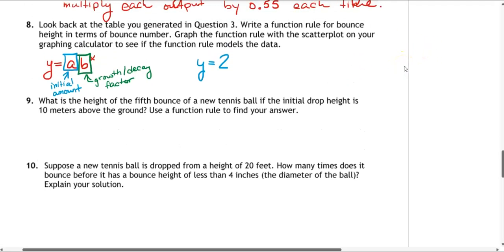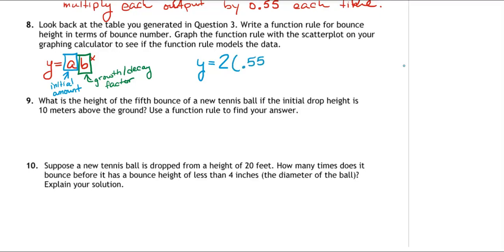And in this case, it's 0.55, so I'm going to write this as 0.55 to the n power. I used n because that's what we're going to be using here. We're not using x. This is just a generic form for an exponential, but we're using n because we're using recursive functions here, and we're talking about an input of n values being whole numbers each time and all of that.